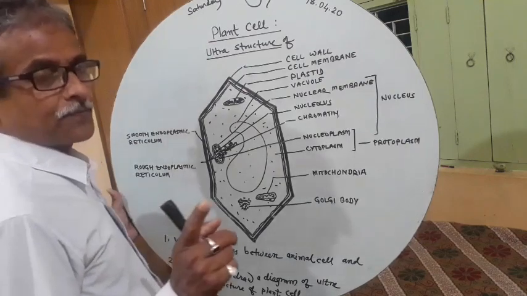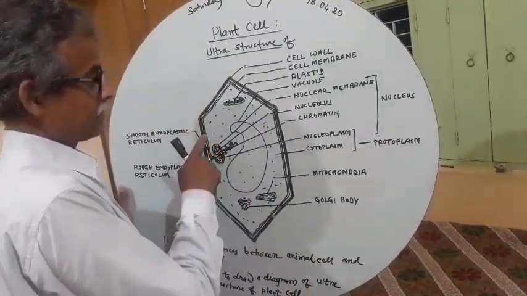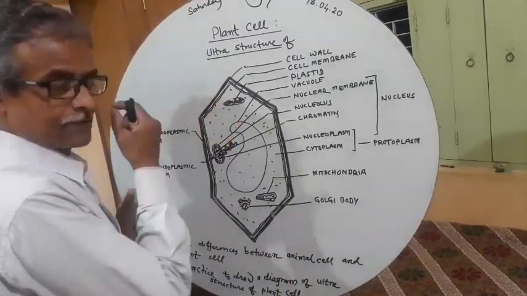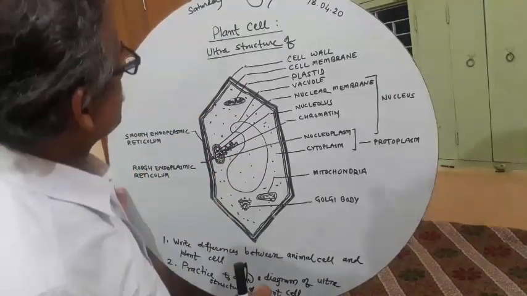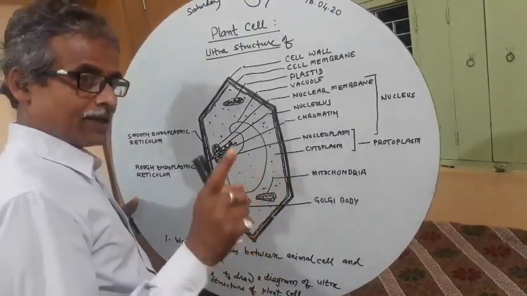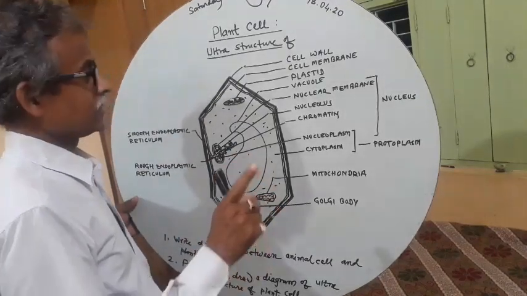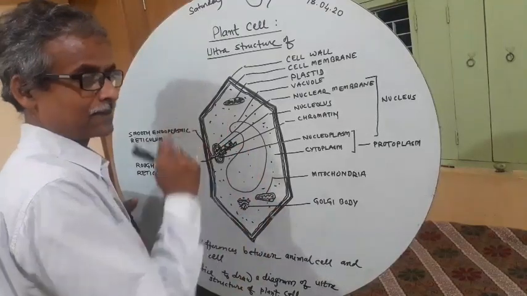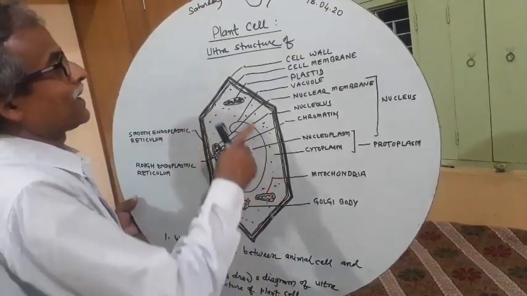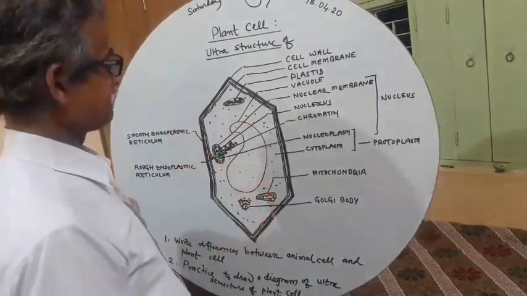In case of animal cell, there is no cell wall, it is found in plant cell. In animal cell, centrosome is found, that is not found in plant cell. Plastids are found in plant cell, not in animal cell.